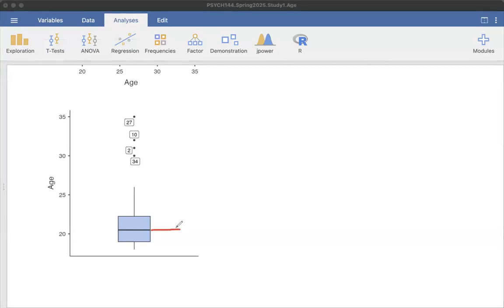So this line right here, this is the median, and so this is our middle 50%. So this is the median. This is also called the 50th percentile. And so when we talk about percentile, if I say the 50th percentile, I mean that 50% of the responses are below this value. And we know that this median is 20.50 because we saw that before.